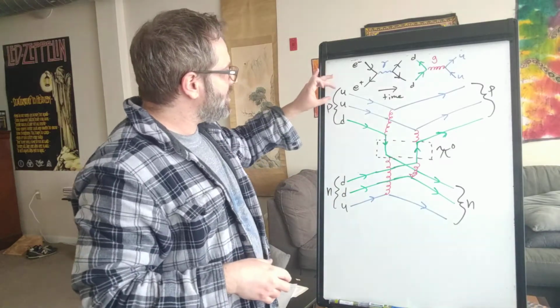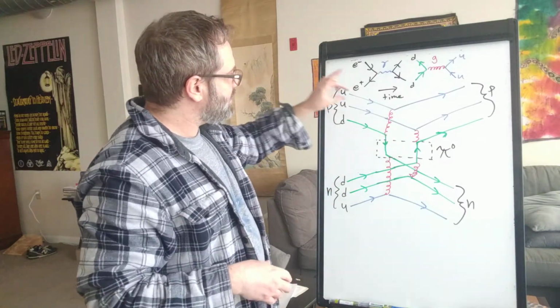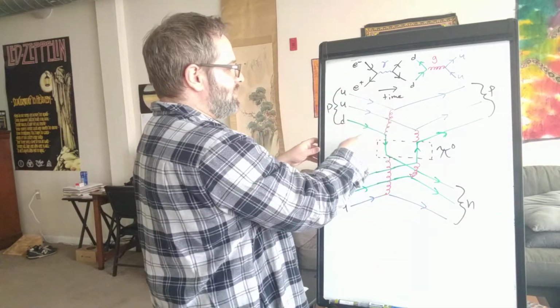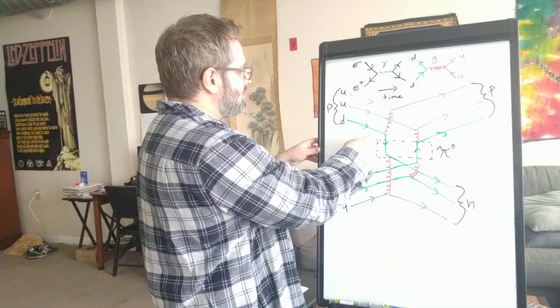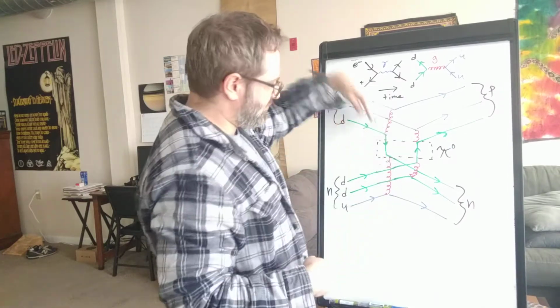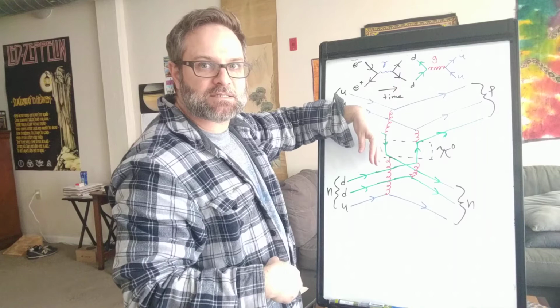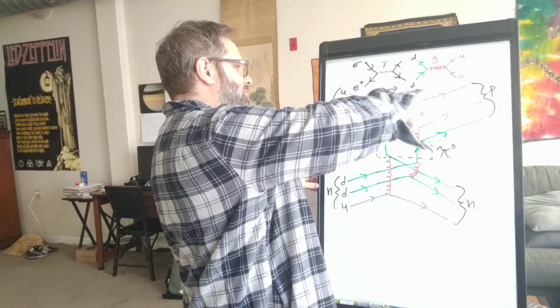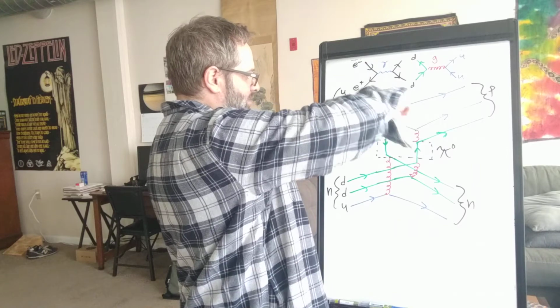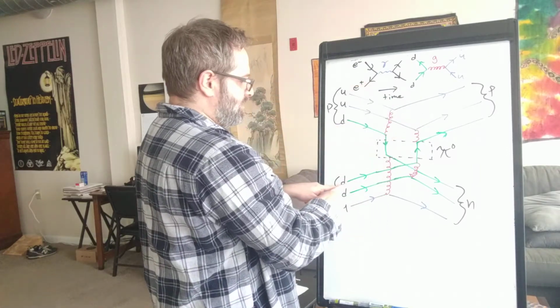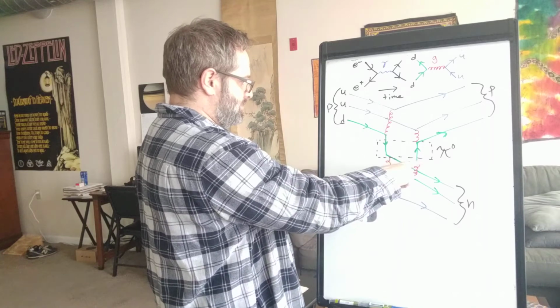So these two up quarks, right? This first up quark interacts via a gluon with the down quark, and this produces a down quark that's sort of flying off into space, okay? This other up quark then interacts via a gluon with a down quark that came from the neutron, right?